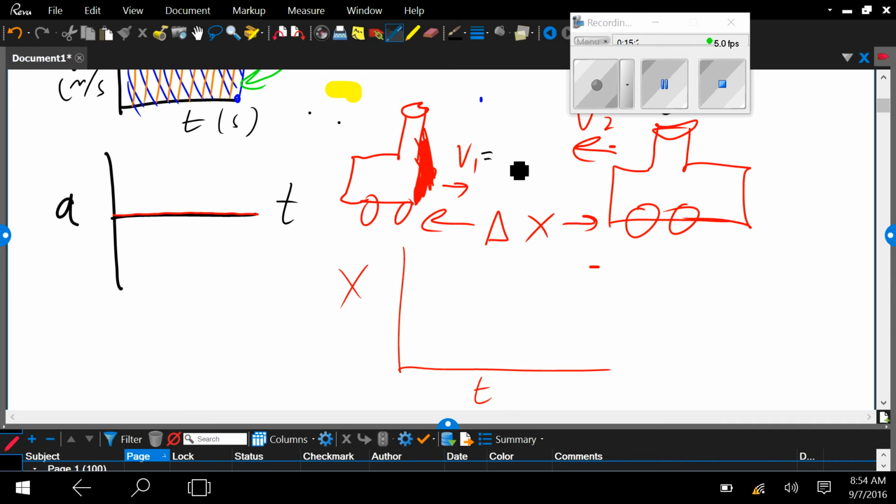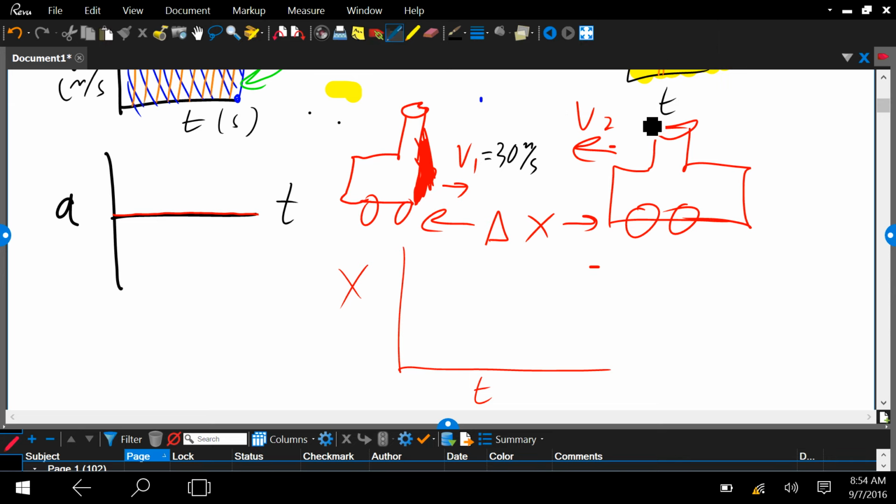Okay, so we'll say that v1 is 30 meters per second, and we'll say that v2 is 60 meters per second.